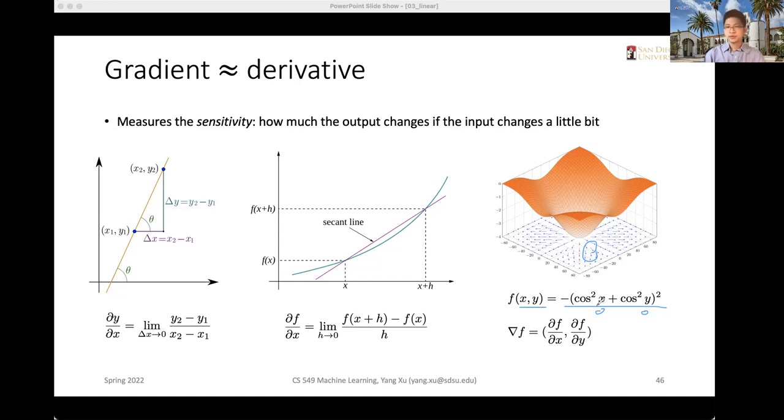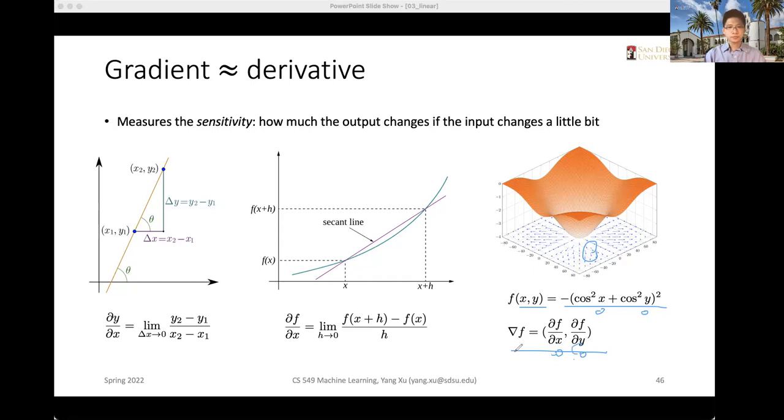But for basically any differentiable function, you can compute the partial derivatives with respect to each component of the vector, right?